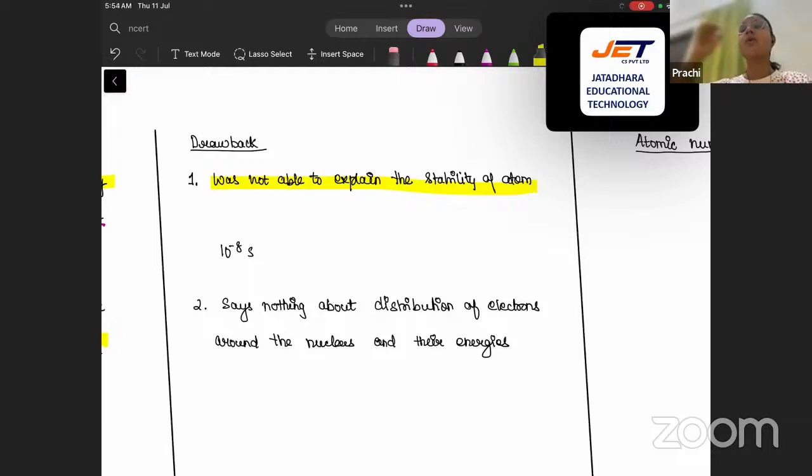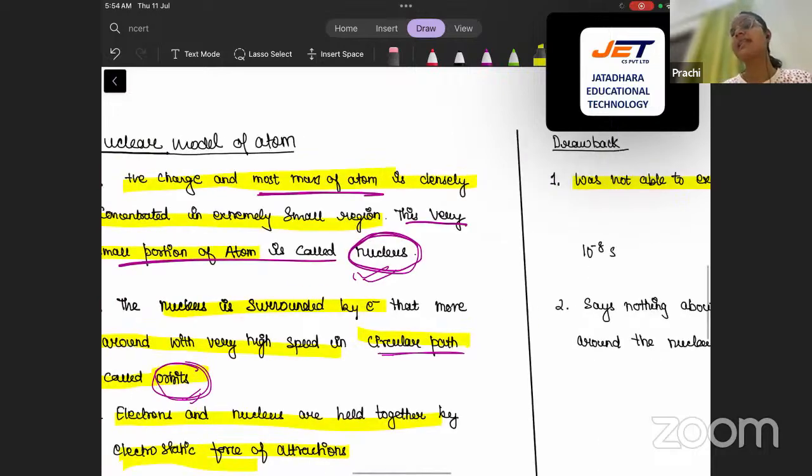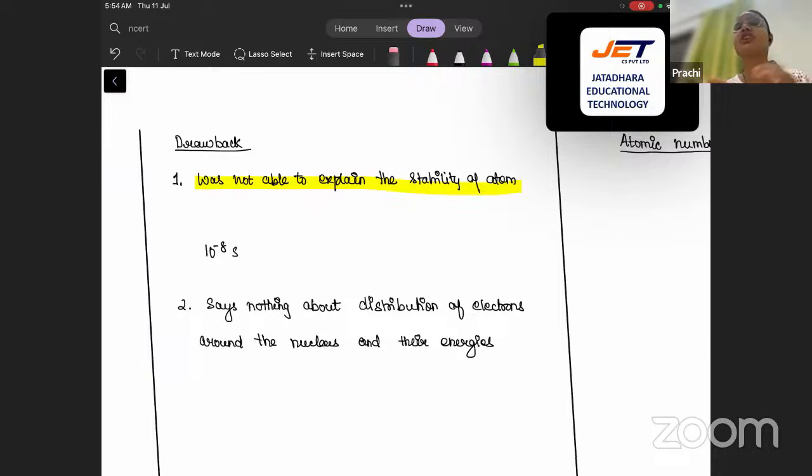Now, in physics you will learn that if there are charged particles, there will be coulombic forces acting between them. As these electrons move around the nucleus, over a period of time they will lose energy, as they are charged particles.